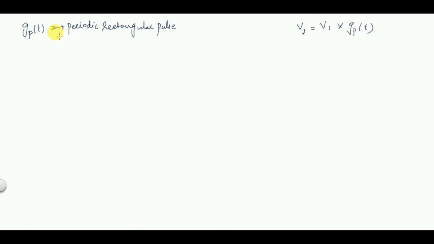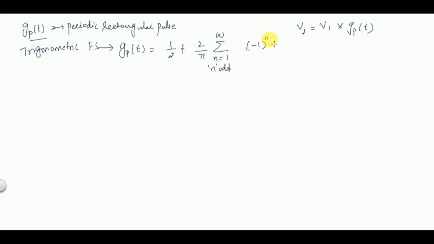This Gp of t which we have represented can be represented in a trigonometric Fourier series, which is given by Gp of t is equal to 1 by 2 plus 2 by pi summation n is equal to 1 to infinity, valid only for n odd, of minus 1 whole to the power of n plus 1 divided by n into cos 2 pi n fc t.